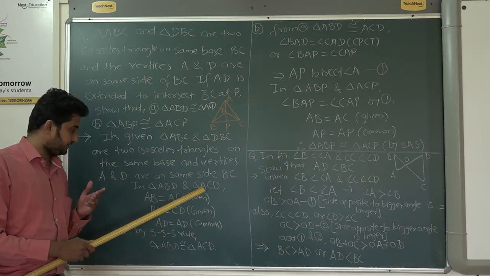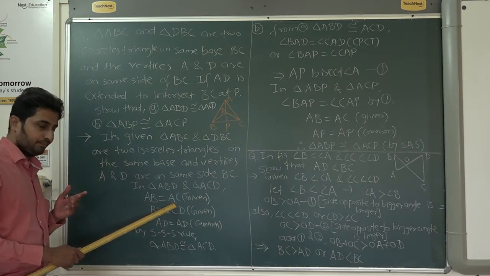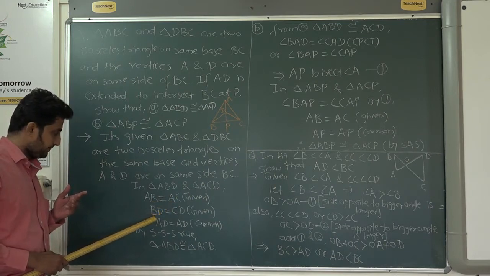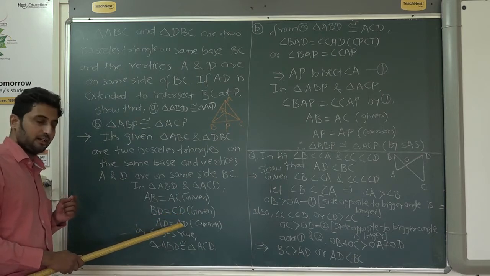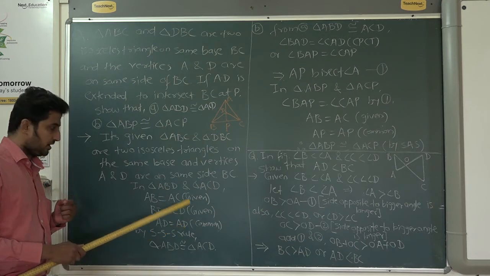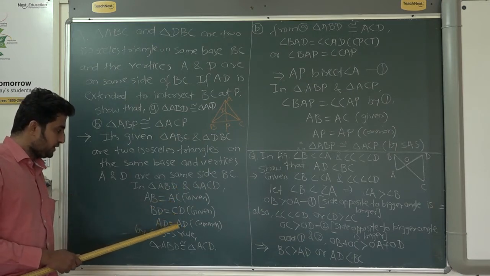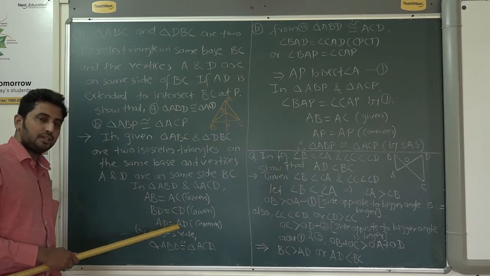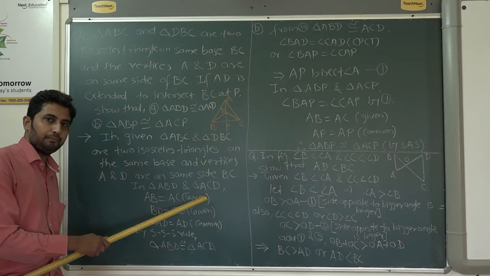I repeat: side AB equals side AC, second BD equals CD, and third AD equals AD. Now, dear students, by which congruency rule can we form the congruency between these two triangles?